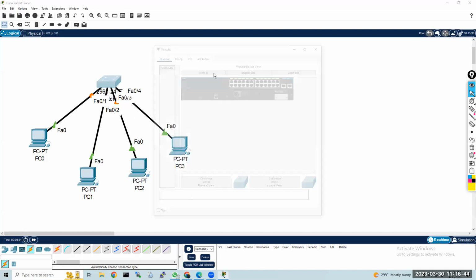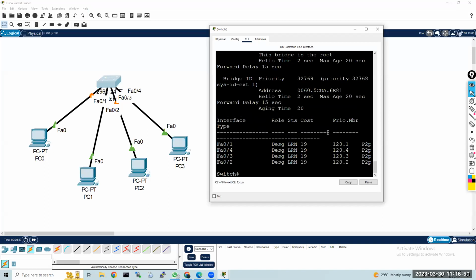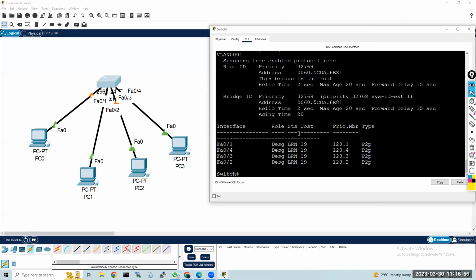If you type show spanning tree here, you see it is learning. Cost is 90. Learning, now forwarding. Now it has come up. It takes time, right?